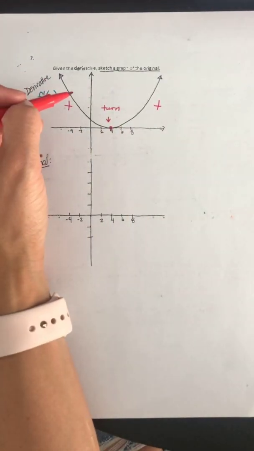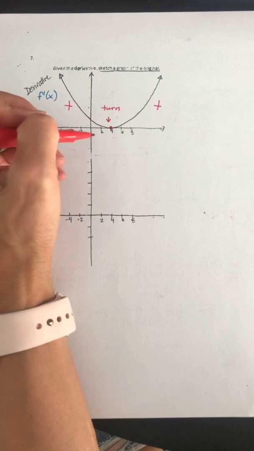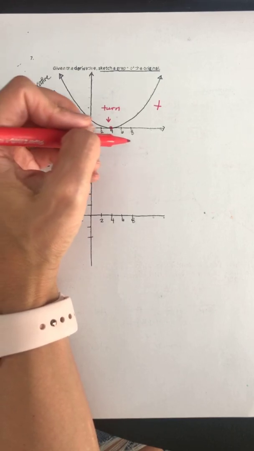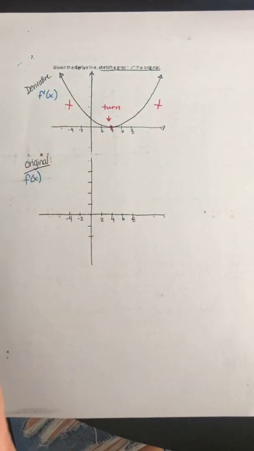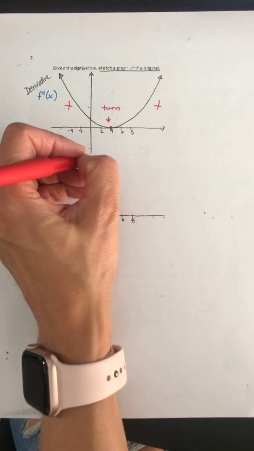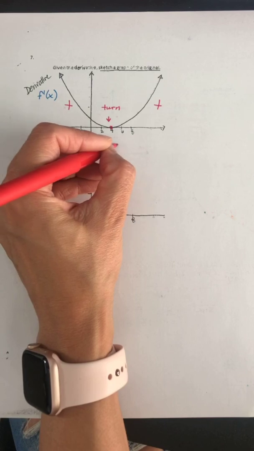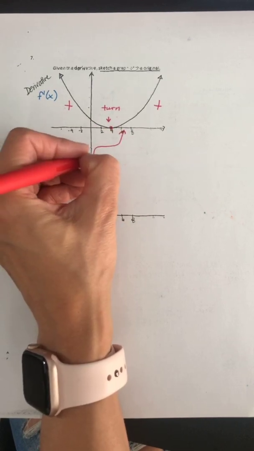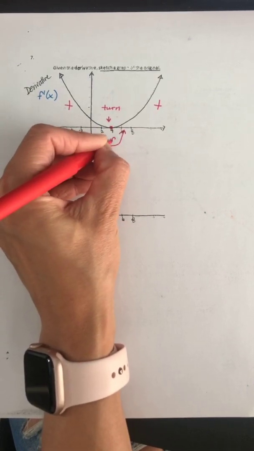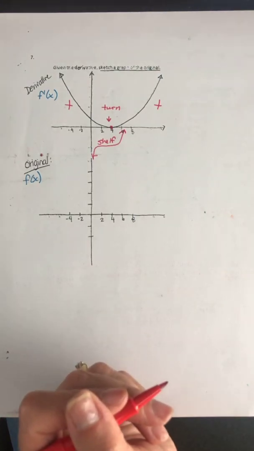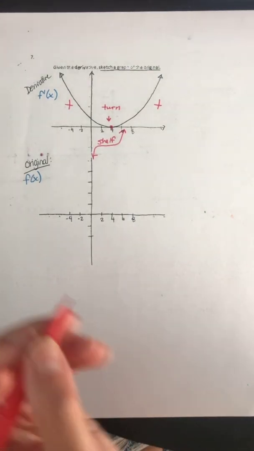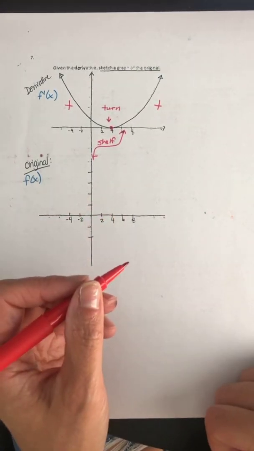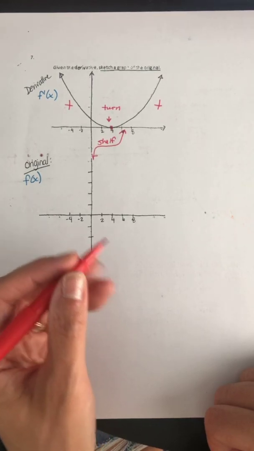But how can the turn be when it's increasing, then it flattens out, and then increasing? Well, it's not going to be an upward or downward facing U. We're increasing, it flattens out, and then increasing. So it's got to be a shelf. Let's make sure that our shelf is there at an x value of positive 4.